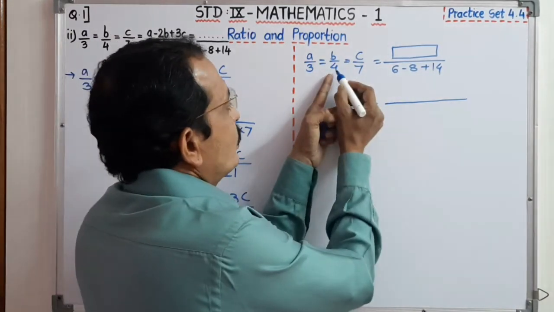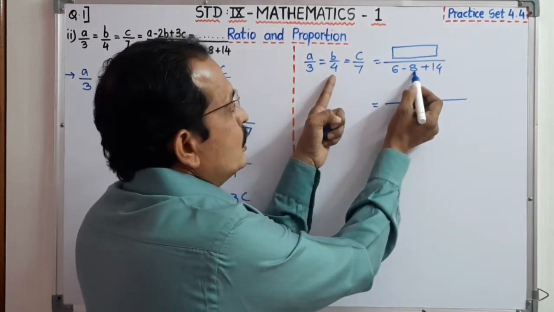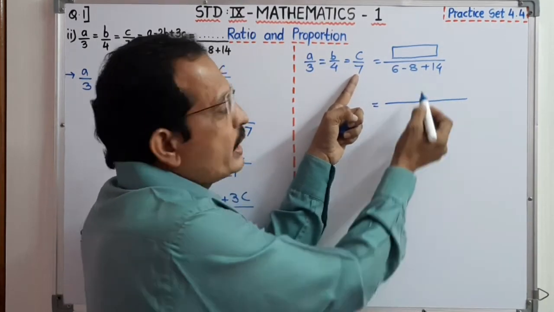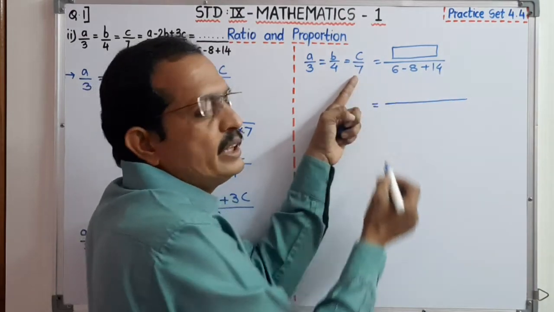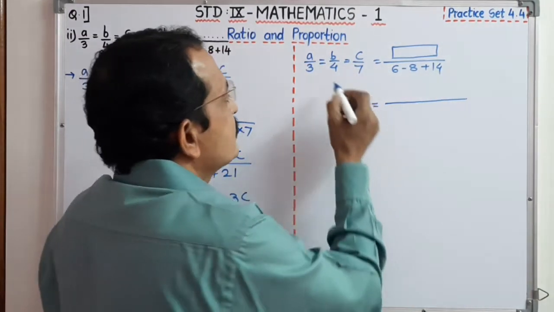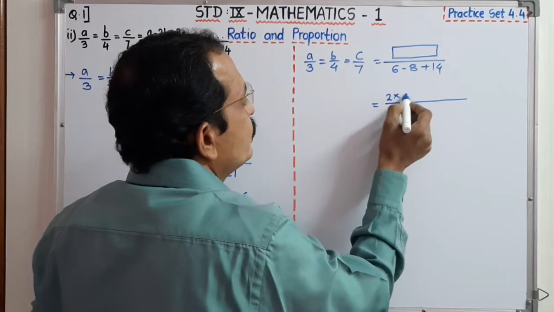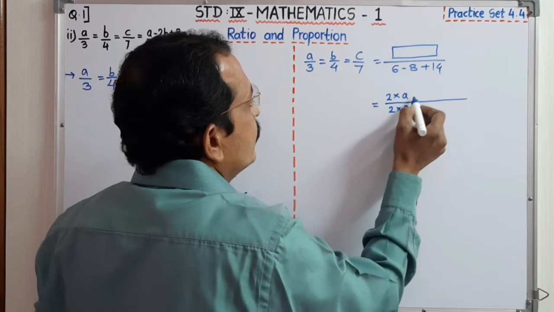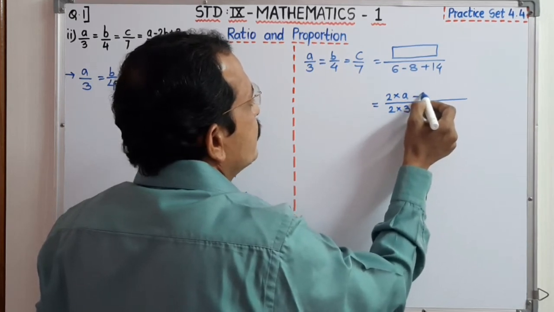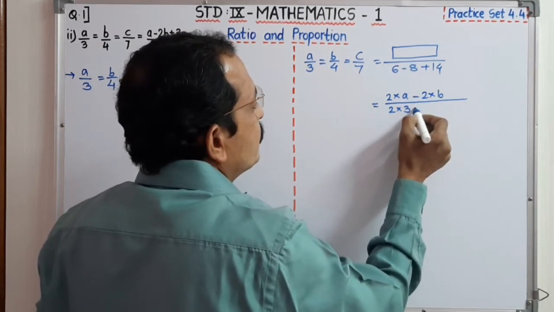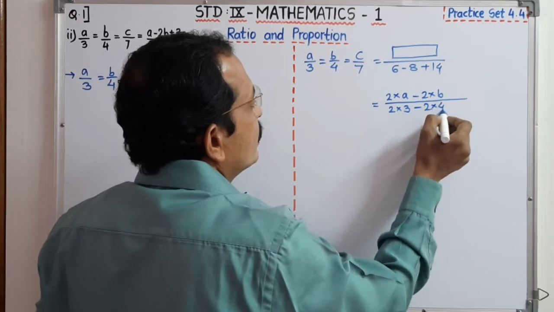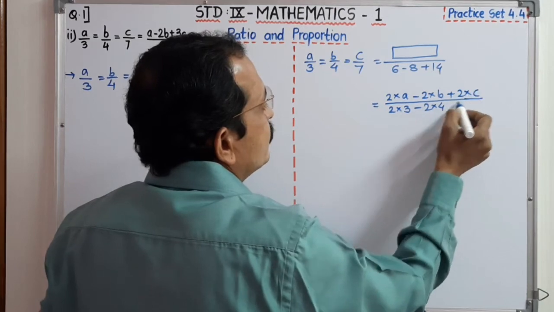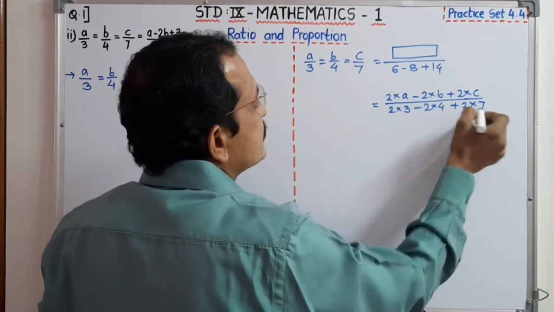Similarly, this 4 is also multiplied with 2 for getting 8, and for getting this 14, this 7 is multiplied with 2. Therefore, similarly, we have to write 2 into a, then here 2 into 3 minus, here it is 2 into b minus 2 into 4 plus, here it is 2 into c plus 2 into 7.